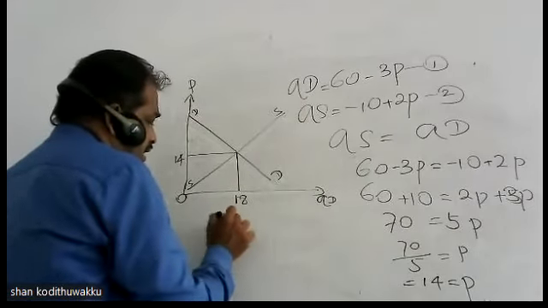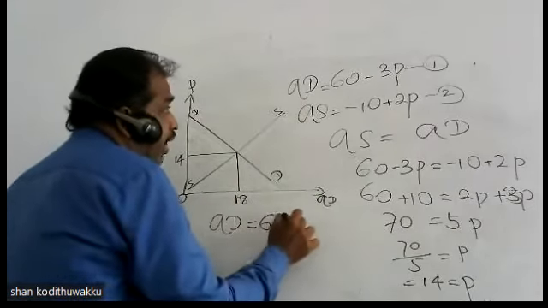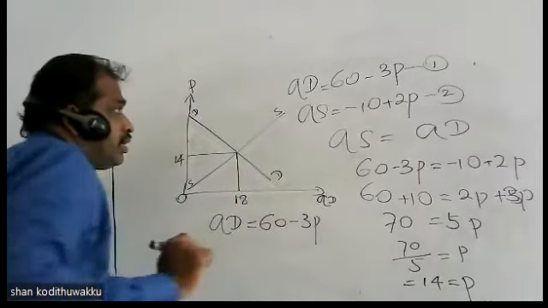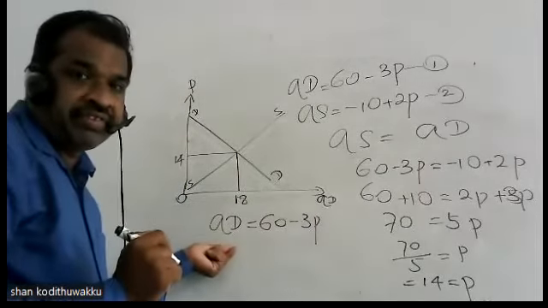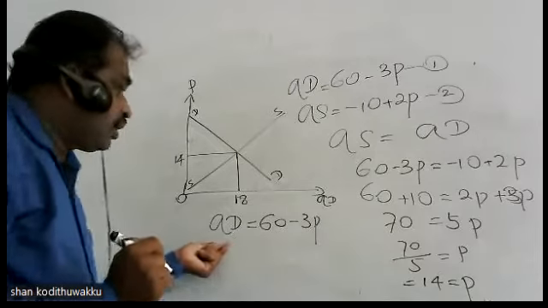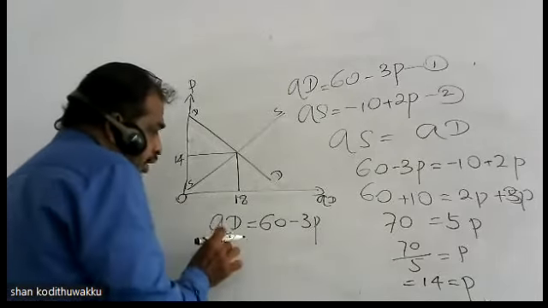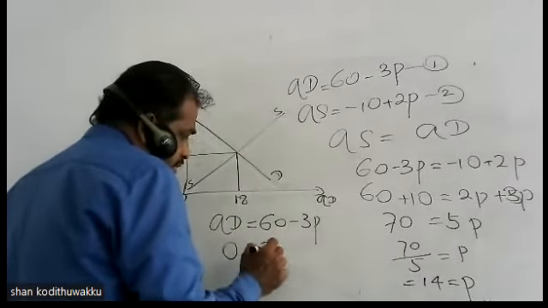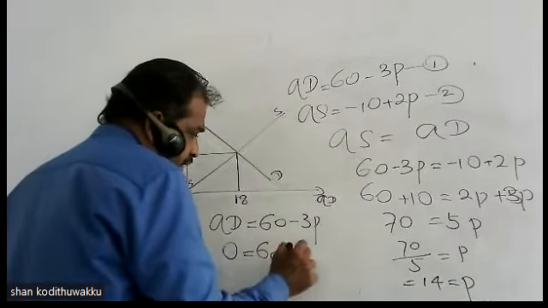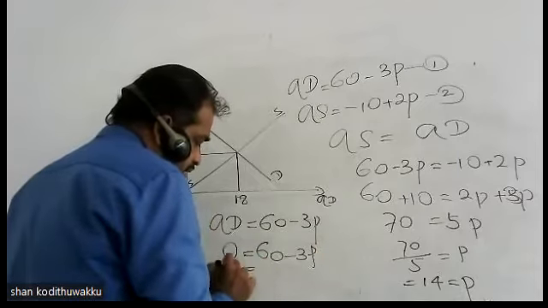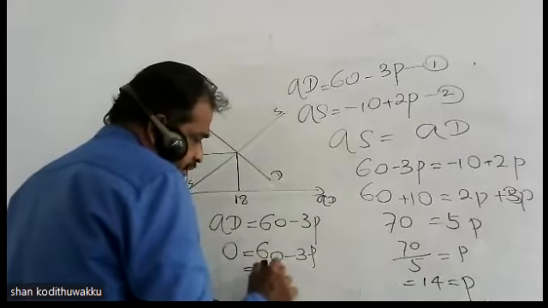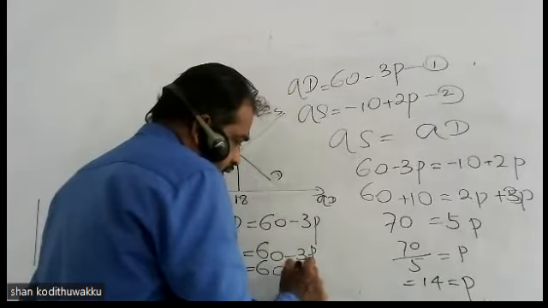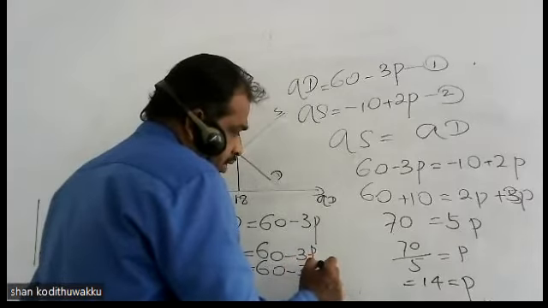If you take QD equal 60 minus 3P, that is the demand function or demand equation. When the quantity demanded is 0, you can find price.